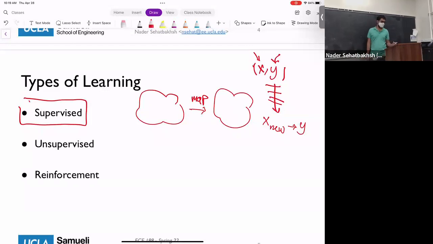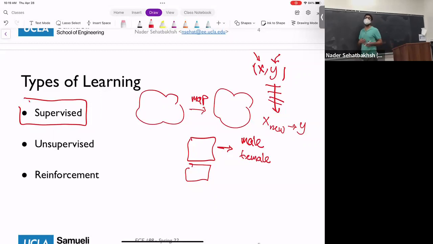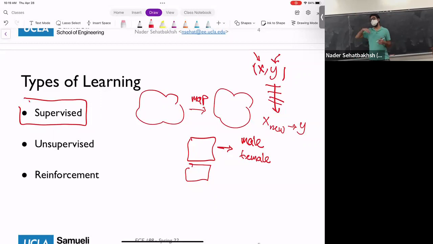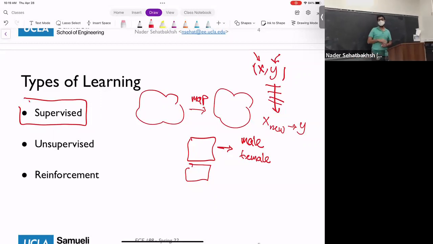So for example, think about something like image classification. You have a bunch of images, and let's say you want to say whether this is male or female, like gender classification. There's no known function, no bunch of mathematical operations that you can do on an image in order to get the final output.